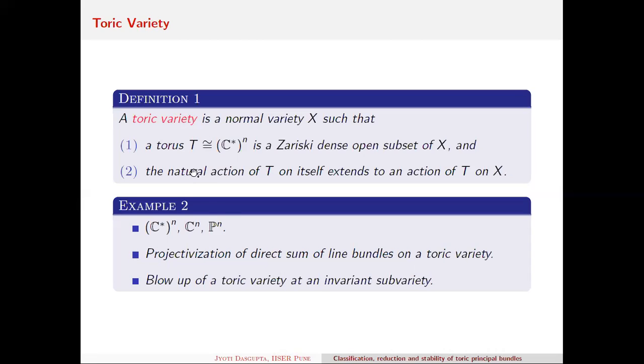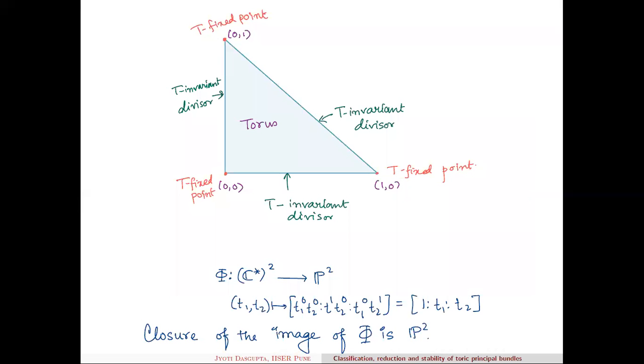Now, because of the torus action on this variety, it has a nice combinatorial description associated with it. To give another combinatorial flavor, here we are considering a toric variety constructed from this polytope, which is the convex hull of these three points, (0,0), (1,0), and (0,1).